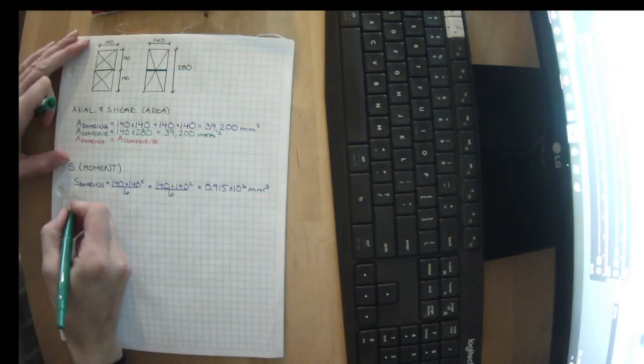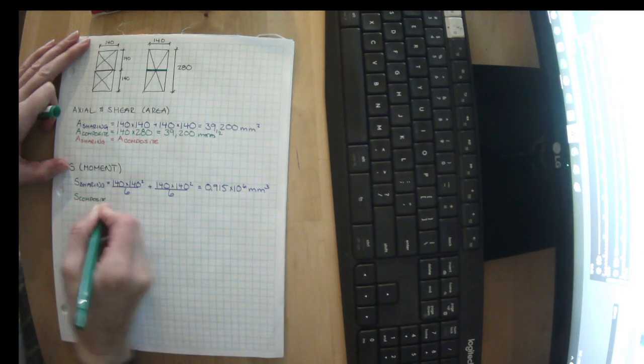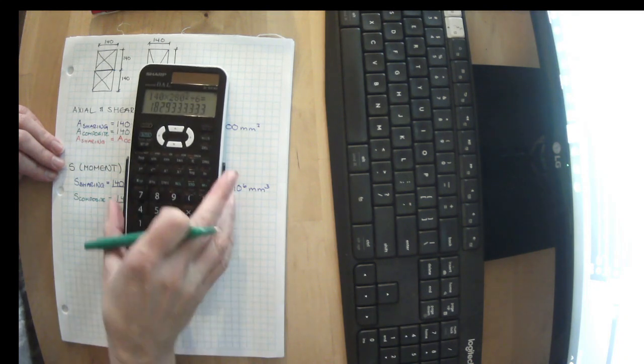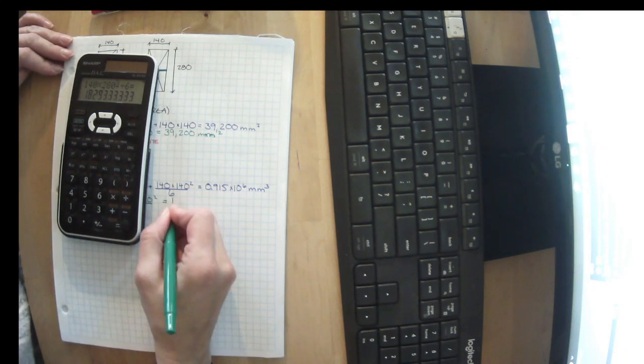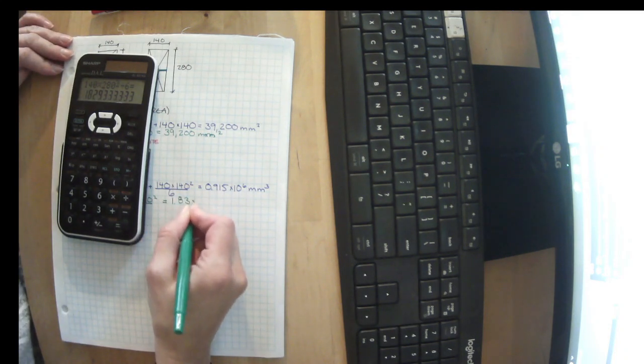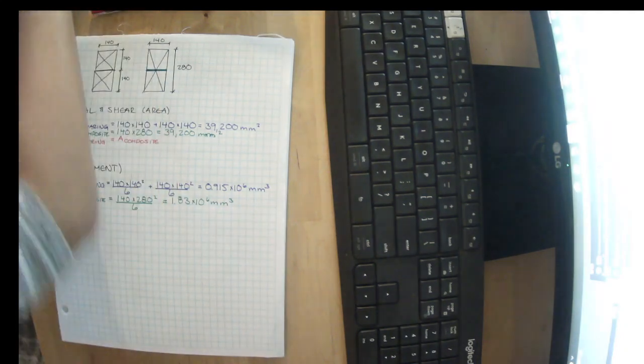Let's take a look at it in composite. So S. Remember, we've effectively made it 280 deep. So we have 140 by 280 squared divided by 6. Ooh, this looks like it's a bigger number. We have 1.83 times 10 to the 6 millimeters cubed.